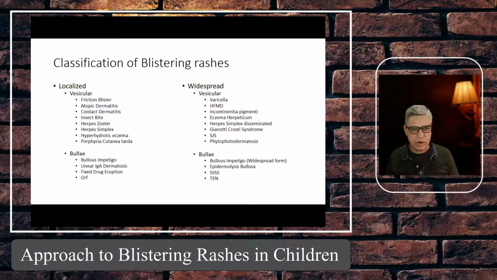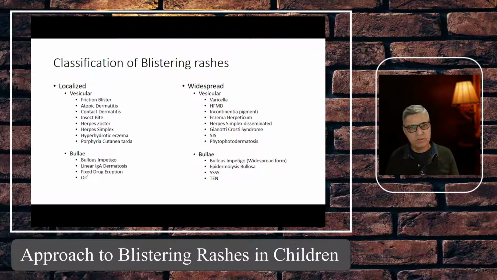Then widespread vesicular rash can also be a hallmark of incontinentia pigmenti, which is an X-linked dominant condition. It usually presents in girls. There is usually a history in the siblings and in the mom as well. Incontinentia pigmenti is a very complex type of illness. The rashes usually follow the lines of Blaschko, and they go through different phases.